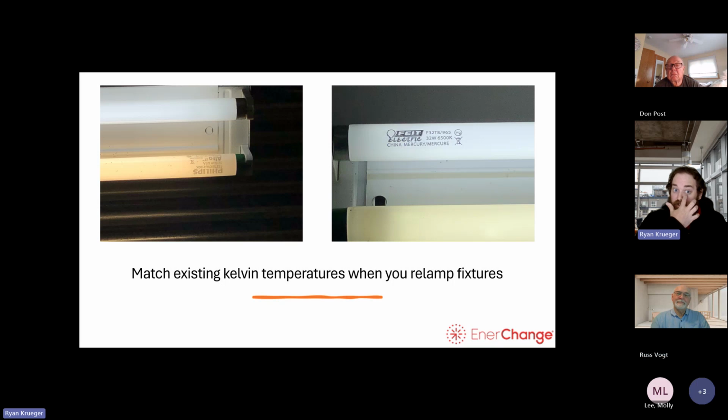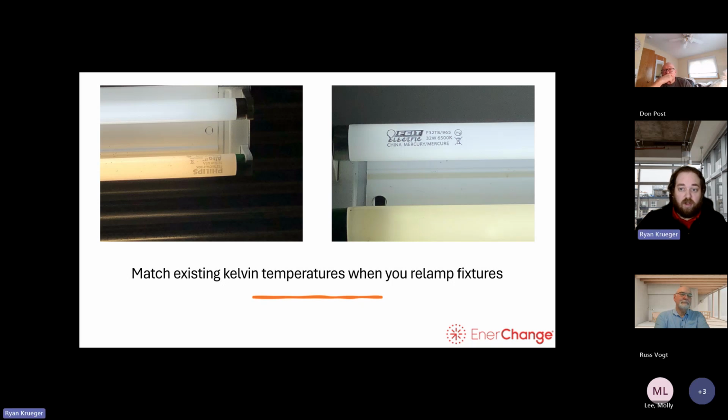There are certain applications where you do multiple different Kelvin temperatures to try and elicit circadian rhythm to enhance students' ability to learn, but those are very niche applications where they intentionally did it, but this is not an application where that was intentional.